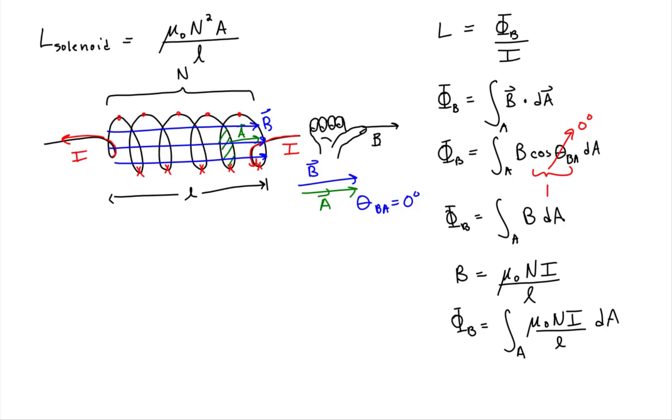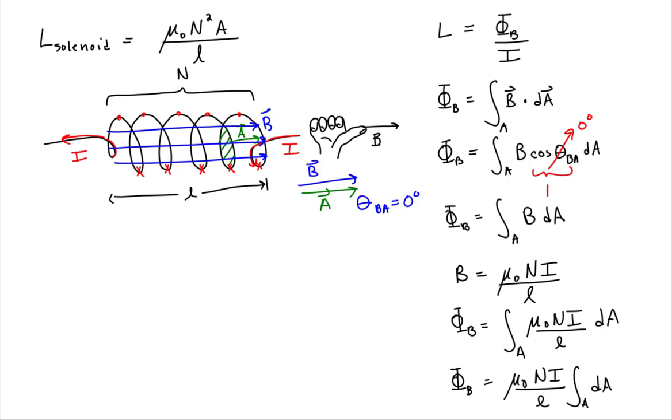Now notice this magnetic field is constant because the permeability of free space is constant, the number of loops is constant, the current is constant, and the length of the solenoid is constant. So we could pull those constants outside of the integral, and we end up with those constants, mu naught n I over L, times the integral over the area of a loop.